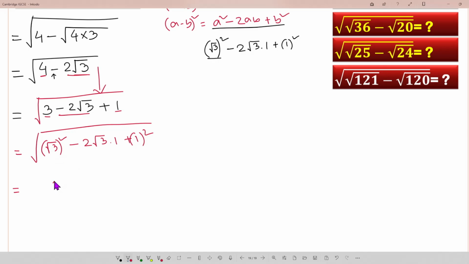This is a minus b whole square. a is root 3, minus 1, whole square, and then root. So root and square cancel out, our answer will be root 3 minus 1. Very simple. So if you face this kind of problem, you can easily solve it.